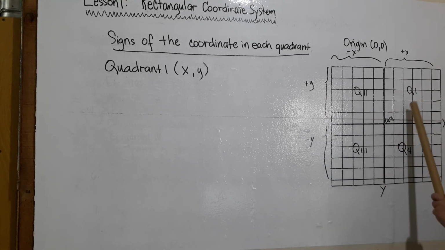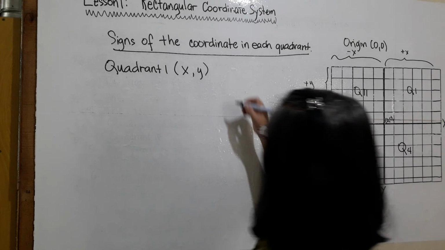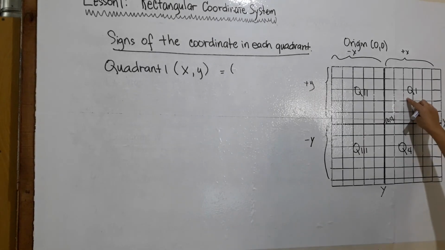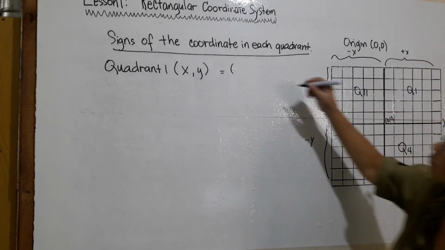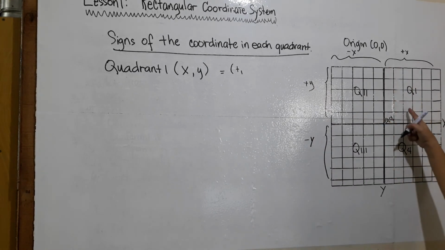For Quadrant 1, what is the sign of x and y? For the x, it is positive. And for the y, it is also positive.